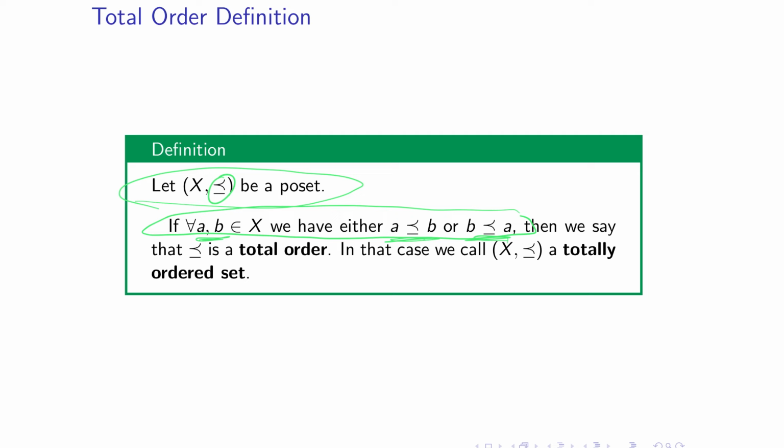That is the property of totality. And so if this partial order is moreover total, then we call it a total order. And we will call the pair, the set together with the relation, a totally ordered set.